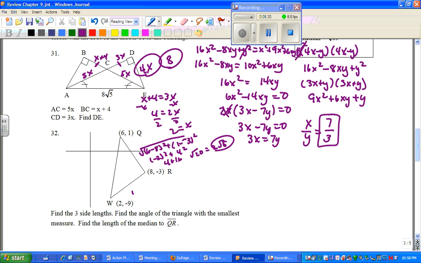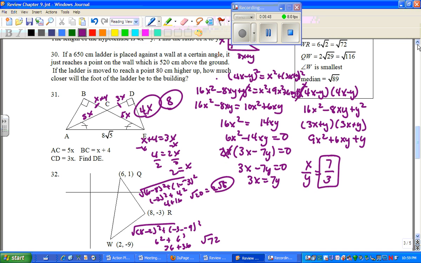Over here, we get square root of 8 minus 2 squared plus negative 3 minus negative 9 squared. Over here we get 6 squared, and over here we get 6 squared, so that's 36, 36, so we get the square root of 72. And if you look in the answer column, the square root of 72 breaks up into 6 roots of 2 for your answer.